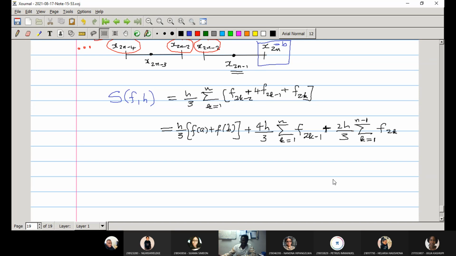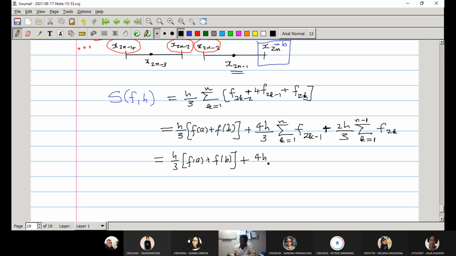And in the note, I think it's rewritten in this form. H by 3, of course, you have this one, right?